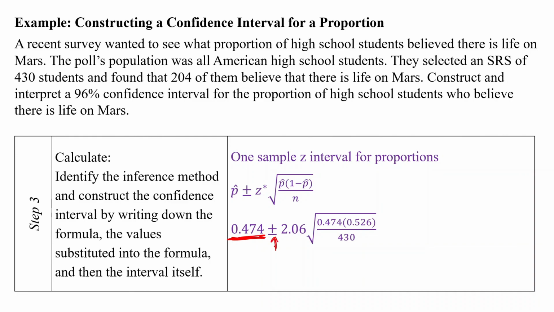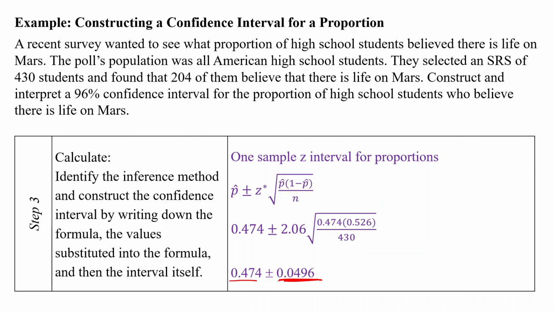I keep the plus minus, and then I do this part in my calculator. So I'll enter into my calculator 2.06 times the square root of this value times this value divided by 430. Okay, you enter that into your calculator to get that margin of error. And this is what I got. So I get this plus or minus, and then this is the value I get from my calculator.